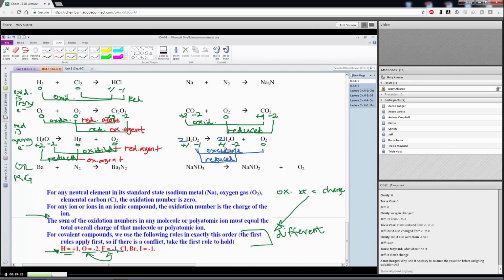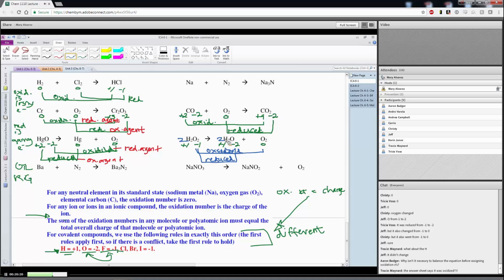Aaron's got a great question. Why is it not necessary to balance the equation before assigning oxidation numbers? The answer is that the oxidation numbers have to do with the ratio of atoms in the compound, as we did here and here when we were assigning those oxidation numbers, and don't necessarily have to do with the number of atoms that was used overall.